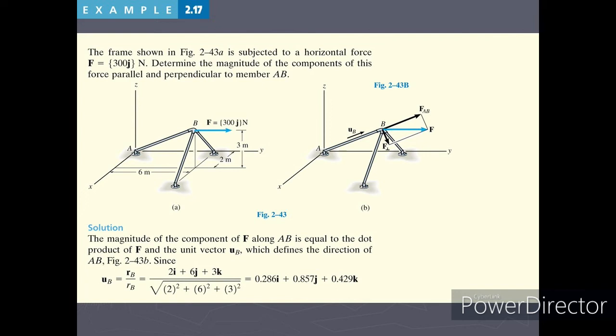First of all, what is the coordinate of B? From the origin, I move 2 meters on the x-axis, 6 meters on the y-axis, and 3 meters on the z-axis. Am I right? So the coordinate of B will be 2, 6, 3. Am I right? Because coordinates are expressed in terms of x, y, z. X, y, then z. Are you following?